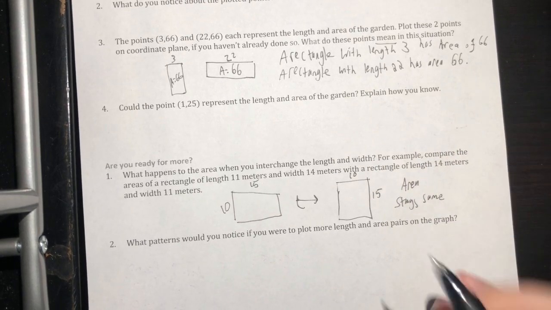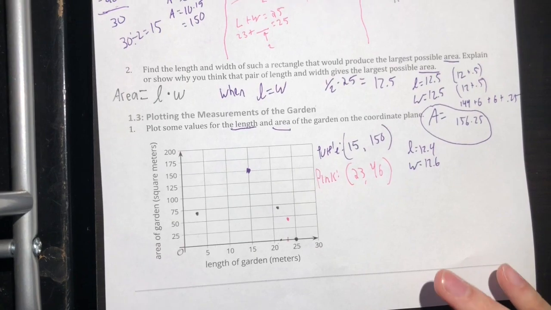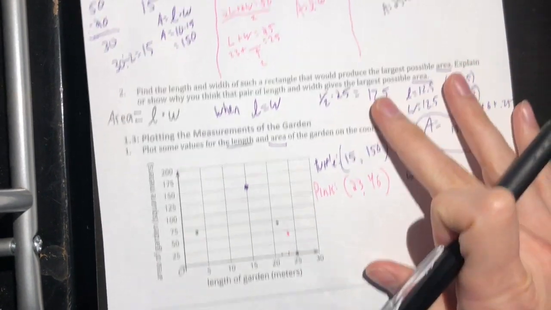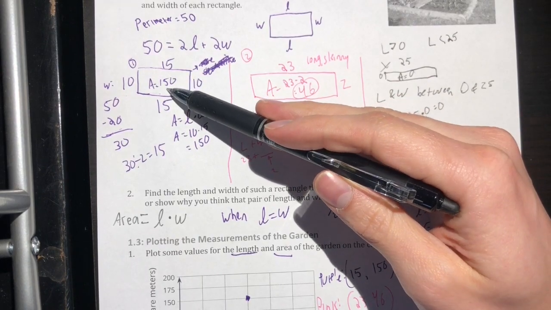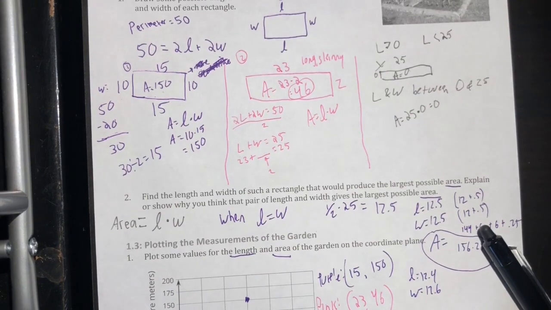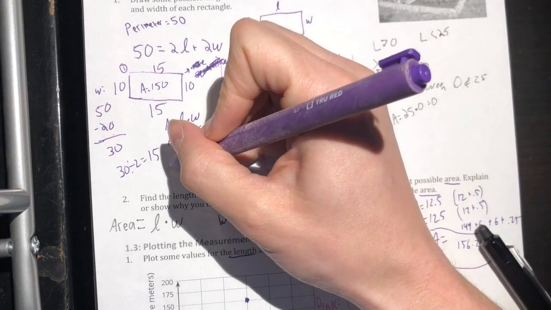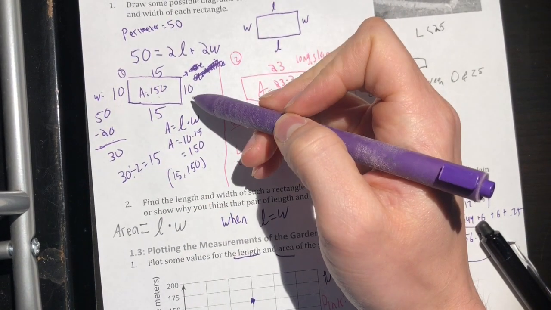So that can help us with our graph. Oops, just dropped something. So when my length was 15, my area was 150. So that ordered pair was 15, 150. But also, my length could have also been 10 here.